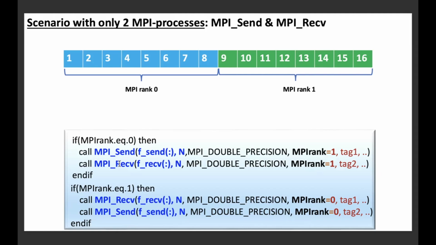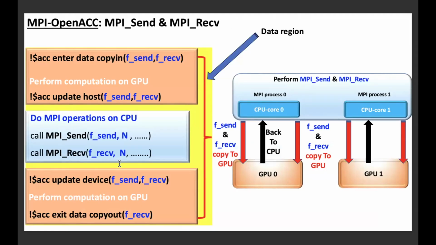So we have these MPI functions, and we want to combine them with OpenACC. This is the syntax for how we combine them. For simplification, I considered just two calls to simplify the problem. The way to implement OpenACC on top of it is to first consider a data region.